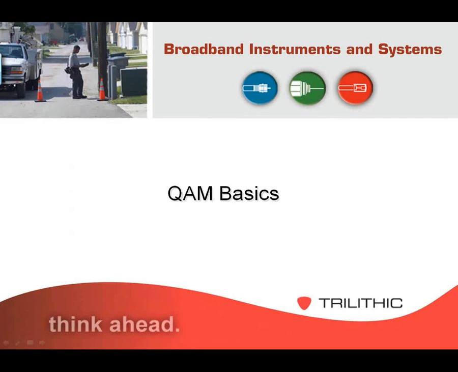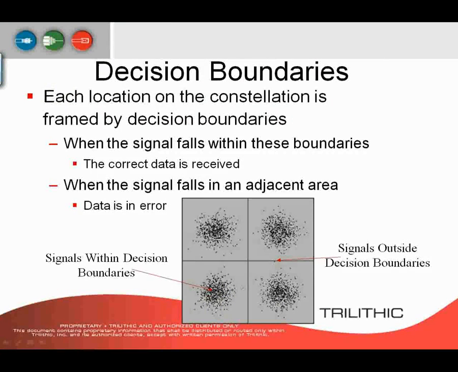Okay, let's dive right into it. Let's talk about the basics of QAM. So when we start talking about QAM, there's what's called decision boundaries when you're looking at constellation patterns. Each location on the constellation is framed by the decision boundaries.